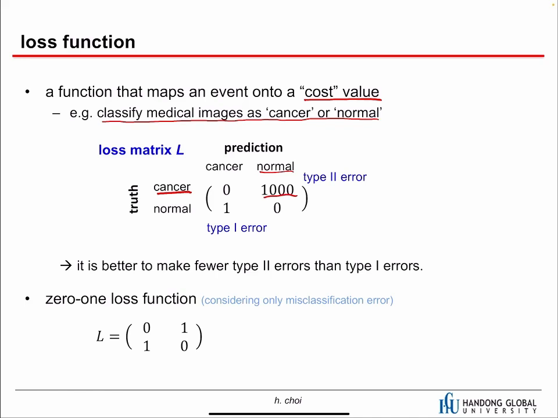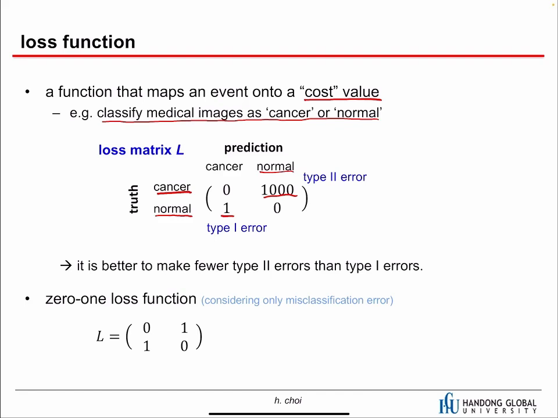But when the truth is normal, then the prediction is cancer. Then this is not free. This is not zero, right? When the true label is normal, but the model says it's cancer, then we have to pay some money to take more experiments, or we might feel some emotional terrible situations.